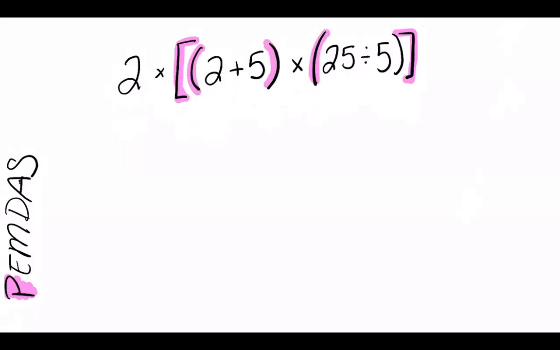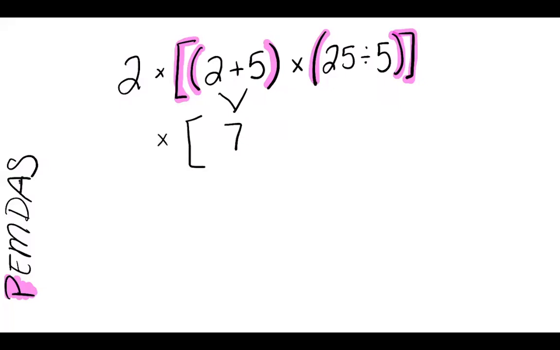So we're going to need to do those first. Now, it does not matter if I do this first or this first because they're both in parentheses. So I can do either one first. I'm going to do 2 plus 5 first. What is 2 plus 5? 7. Okay, then I don't need my parentheses anymore, but I do still need this bracket.